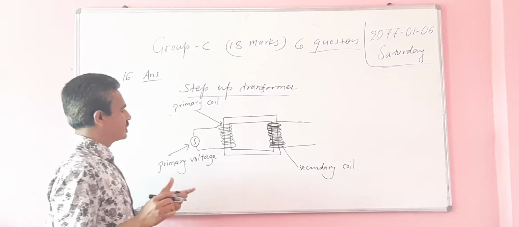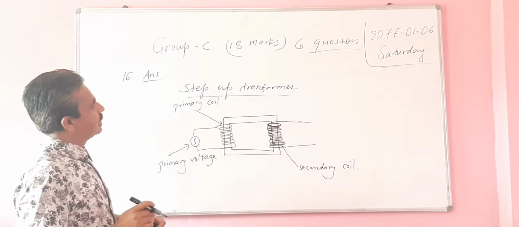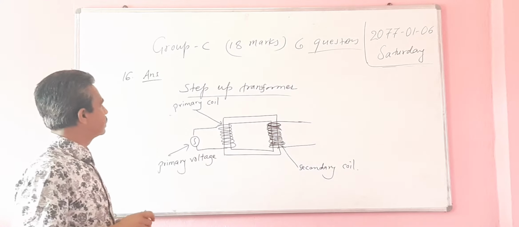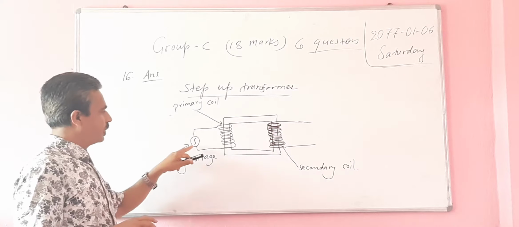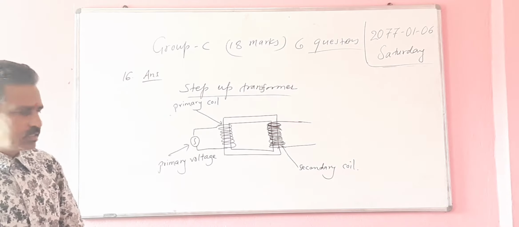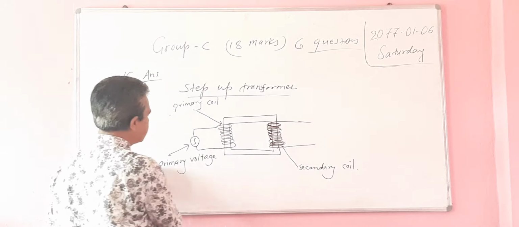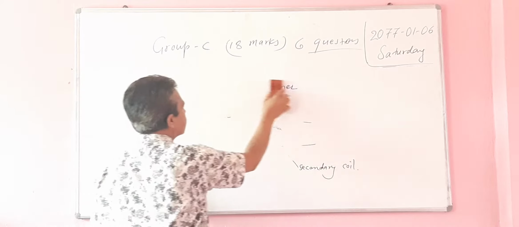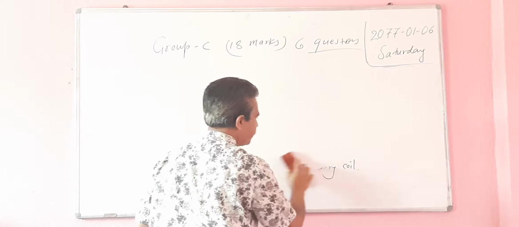If you are able to draw this diagram, then you will get how many marks? 3 marks. That's right. So, step-up transformer. Don't forget to show this symbol. This is the input voltage. In most transformers, the input voltage is 220 volts.